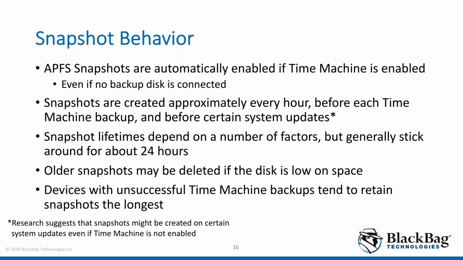They may be deleted sooner if you have lower disk space, and they may stick around longer if your Time Machine backups have been unsuccessful. There's some complex formula that decides how aggressively these should be deleted based on a number of factors. But in general, you can think that if Time Machine is enabled, you'll get a snapshot every hour, and they'll stick around for about 24 hours.